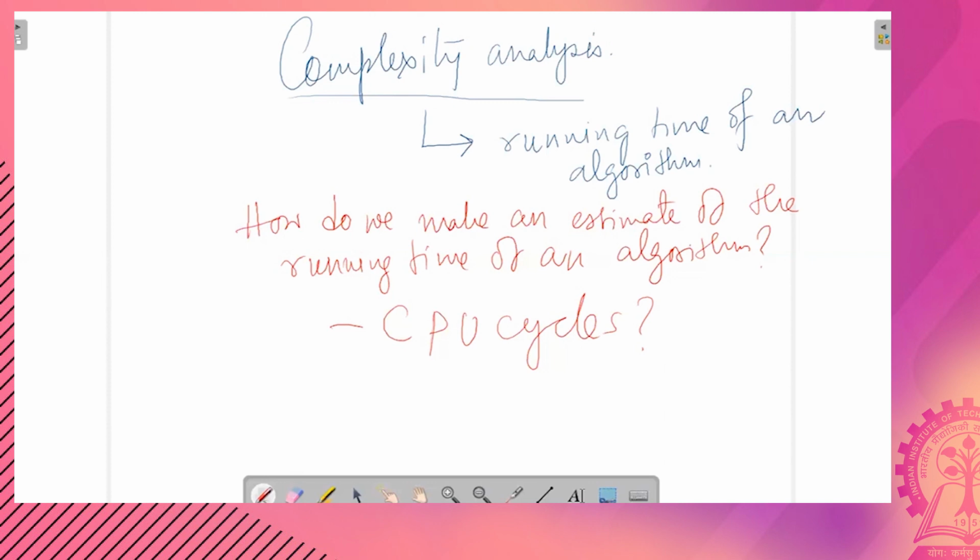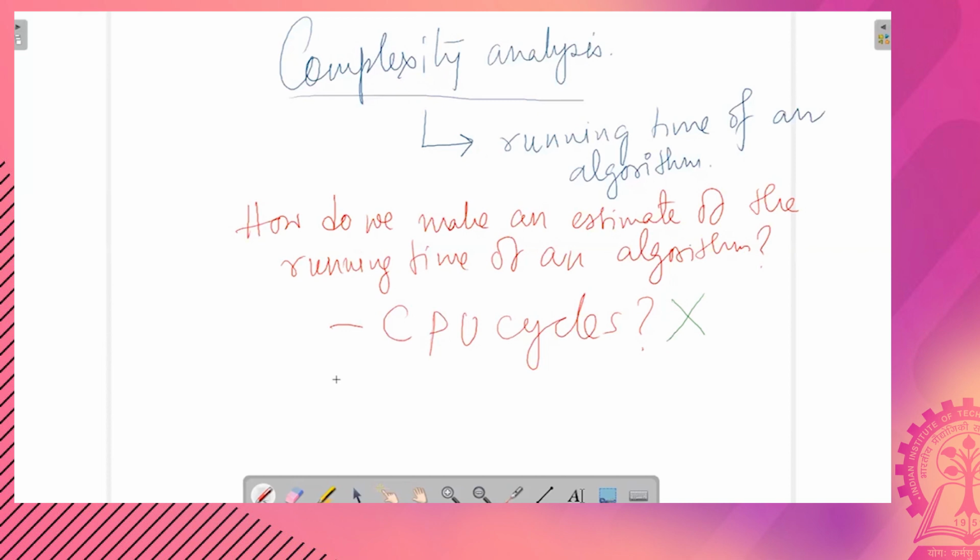If you run an instance of an algorithm on your laptop, on a high speed server, or on a supercomputer, the running time required will be very different. So CPU cycle is not a correct way of estimating the running time.